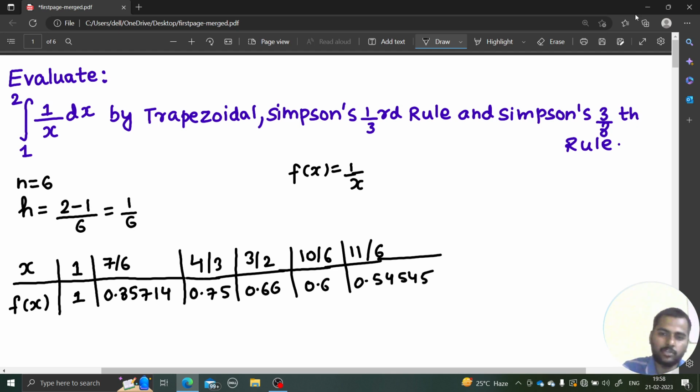And next will be 12 by 6, which is simply 2. And the value of function at 2 is simply 0.5. So here becomes your table.